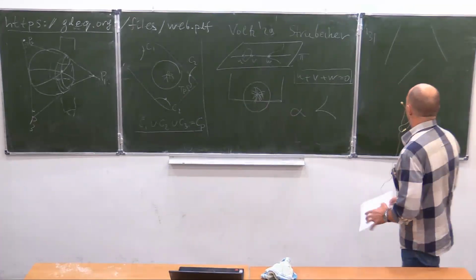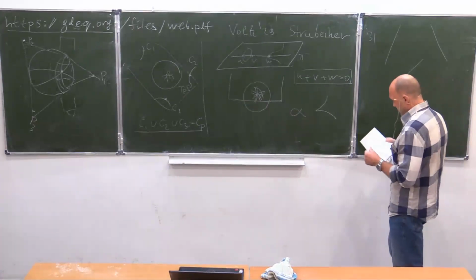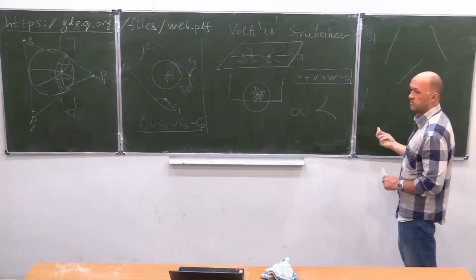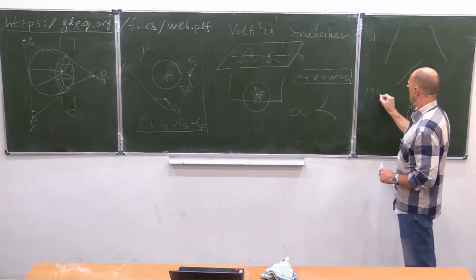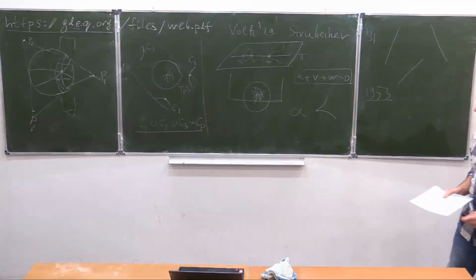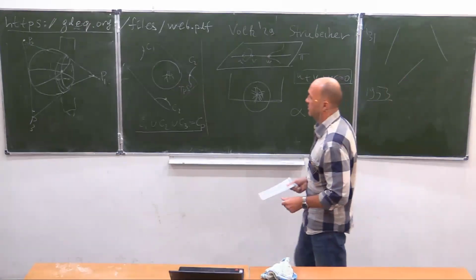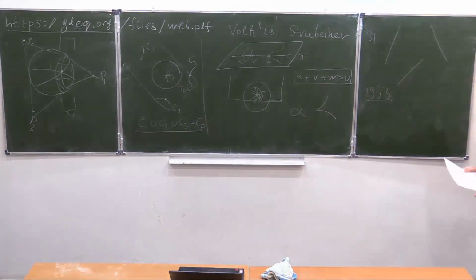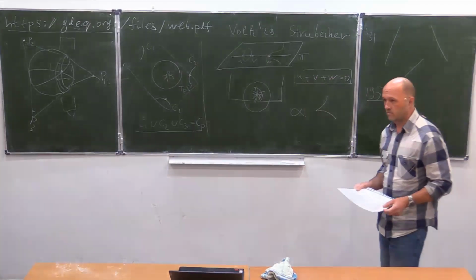lines. And this problem was discussed by Blaschke in his second book, a large book on web theory, Introduction to Web Theory, which is much more elementary and simple than the first book. So he posed this problem. He discussed it, but he did not give a solution.